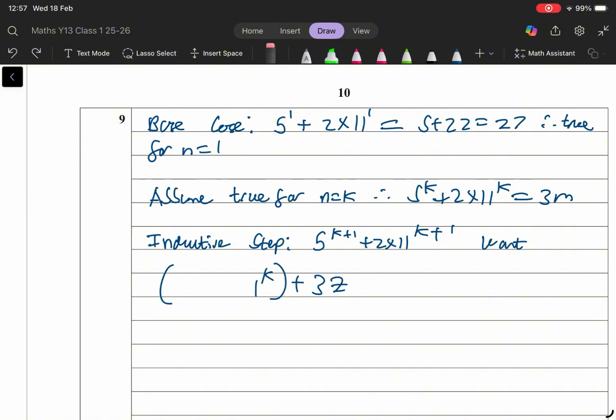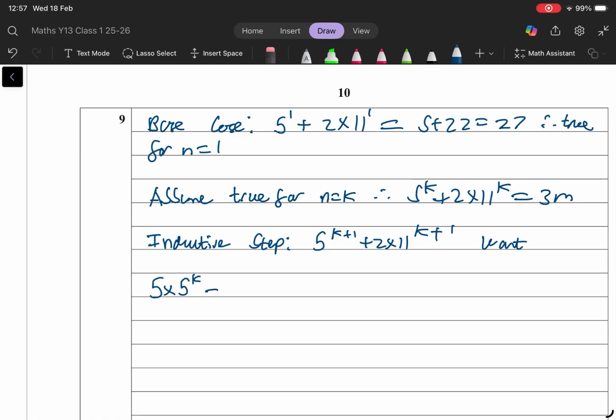So for this, I'm just rubbing stuff out here. It should show in a second what I did.